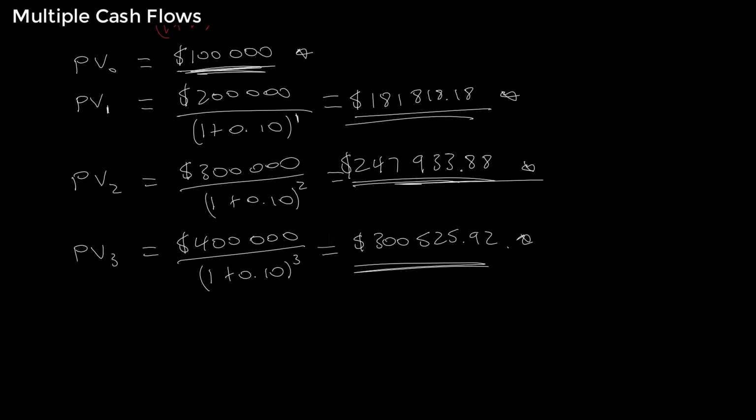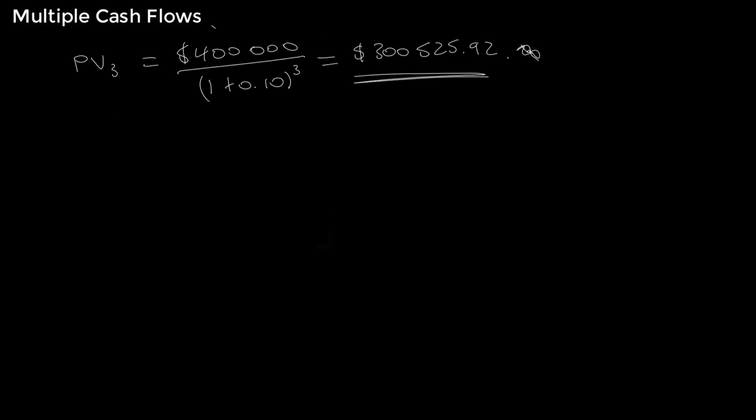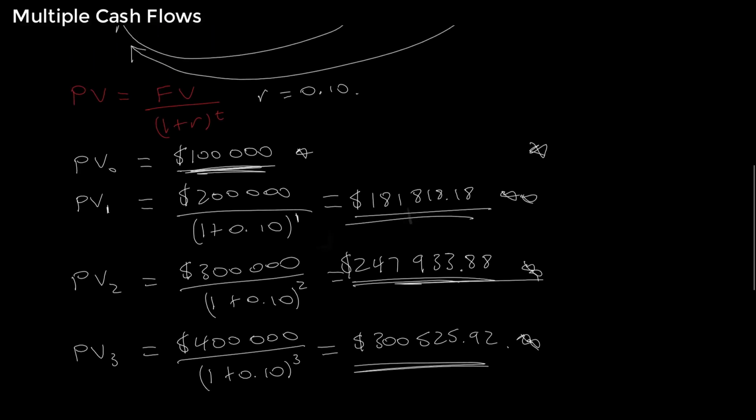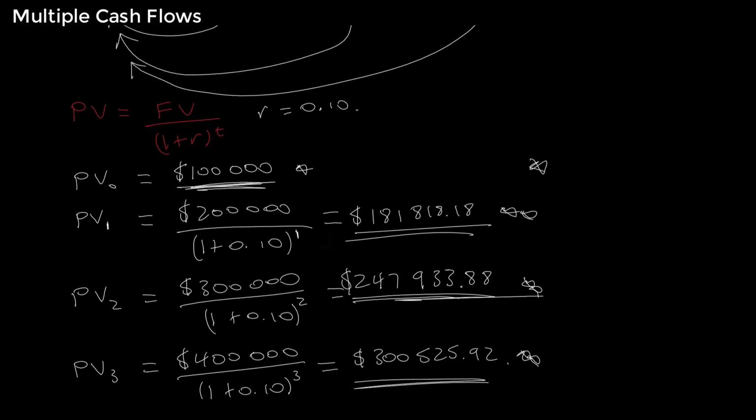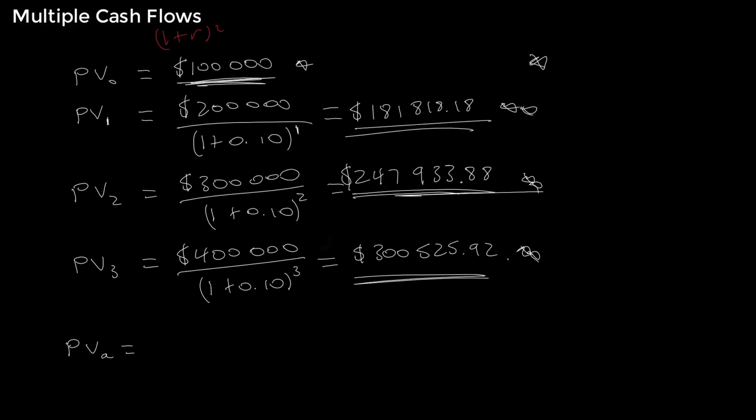So what that essentially means is that we can add all of these values together and get the present value of option A. Another way to think about it is, instead of receiving all of these cash flows, 100, 200, 300, 400 spread over 3 years, what's the equivalent lump sum of those future payments right now?